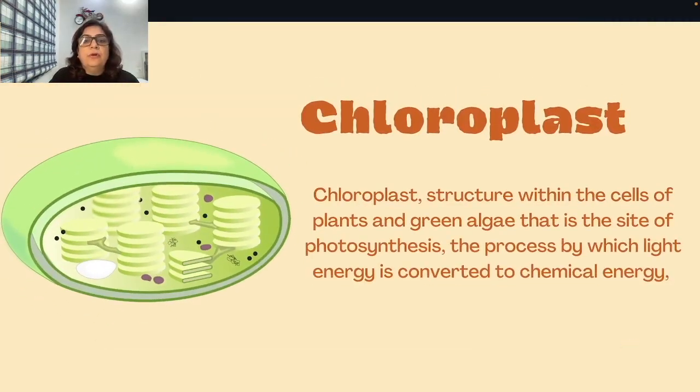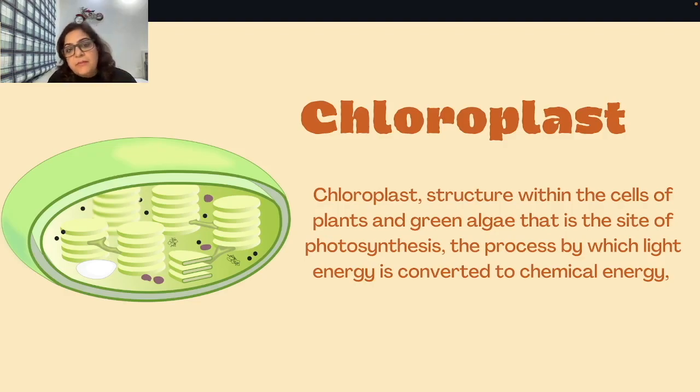Now, you all know that green plants synthesize their own food, and the major cell organelle which is responsible for trapping the light and converting carbon dioxide and water into carbohydrates and oxygen is the chloroplast. It is the structure within the cells of plants and green algae that is the site of photosynthesis and the process by which light energy is converted into chemical energy.